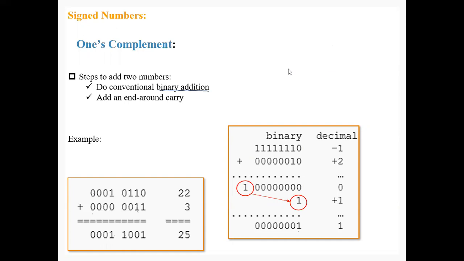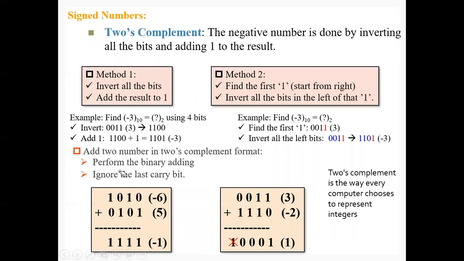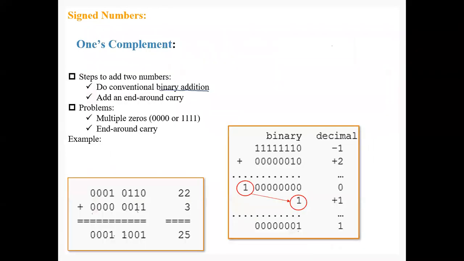Now let's talk about 2's complement, okay? Let's do 2's complement now. So this is the main problem with the 1's complement: you have to carry this guy over here, and you have to add it again. That's the main problem.